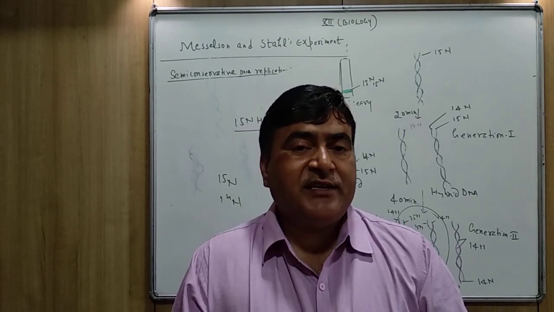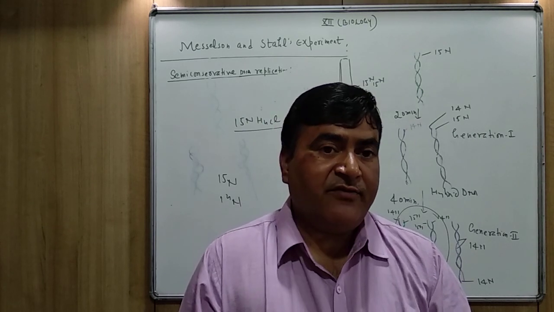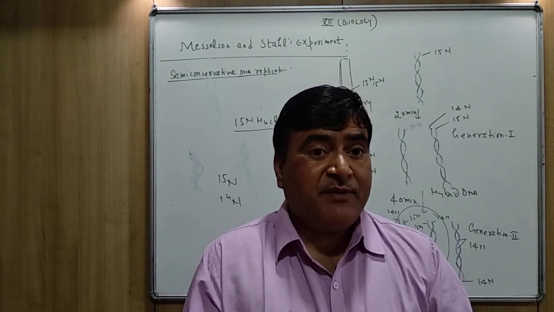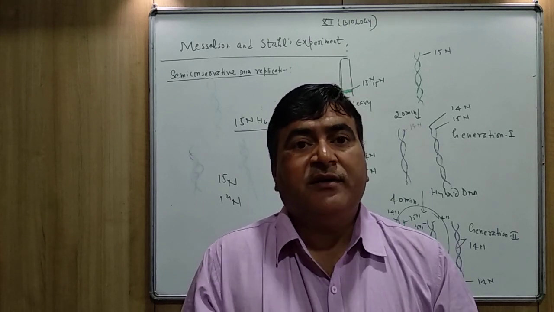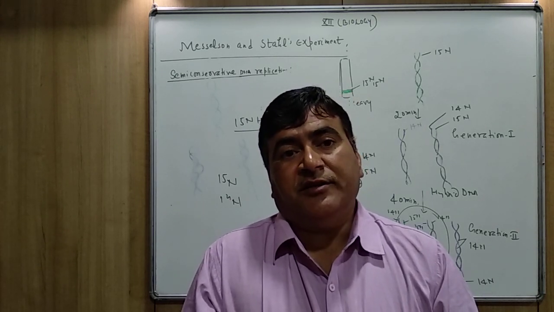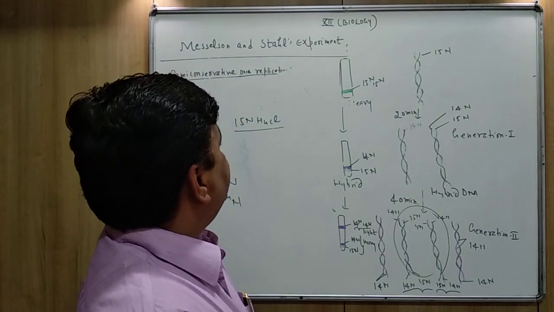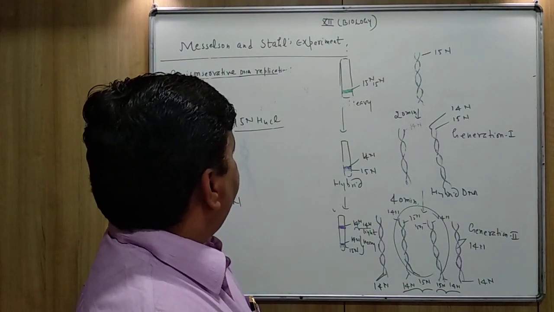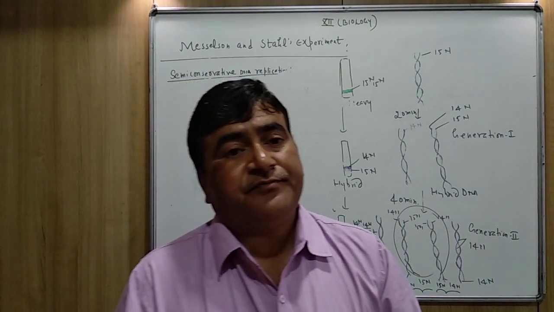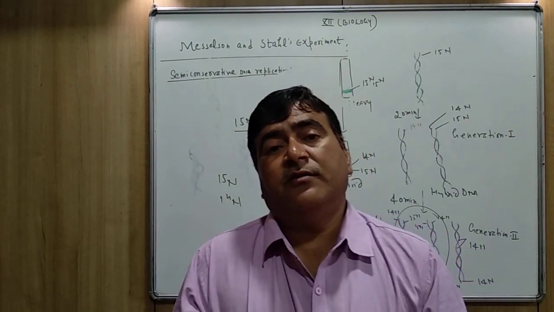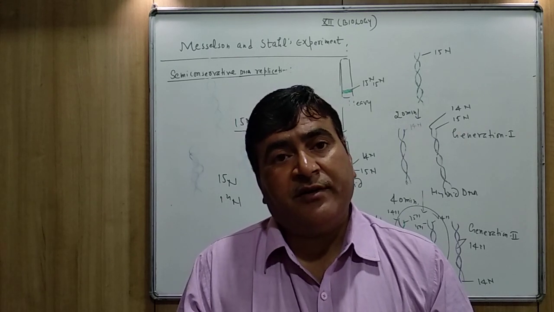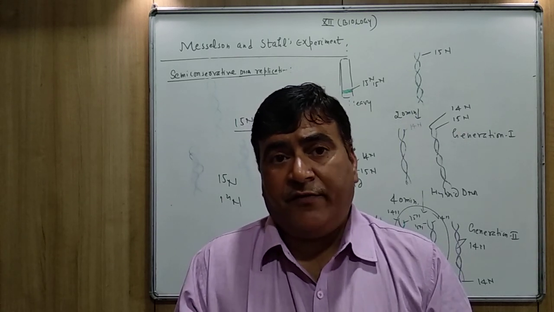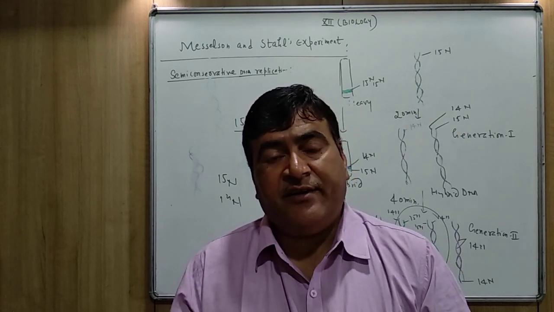And that the method is semi-conservative was experimentally proved by these two scientists, Meselson and Stahl. In this experiment, they used two different isotopes of nitrogen, which are 15N and 14N.